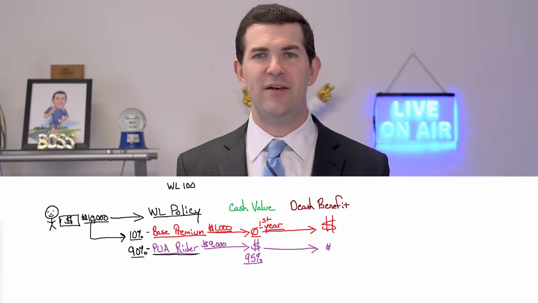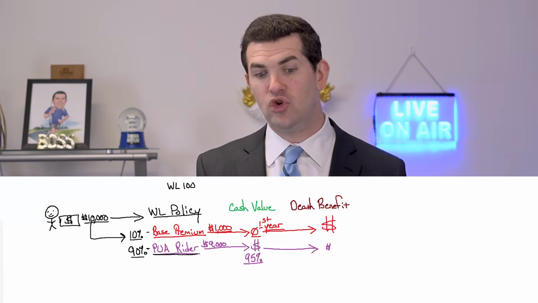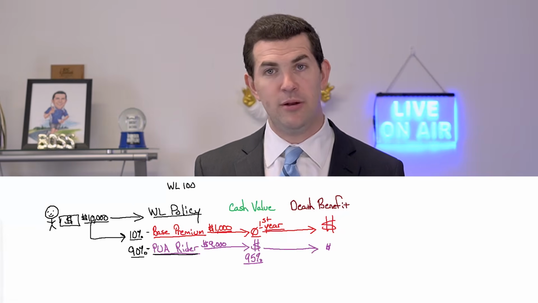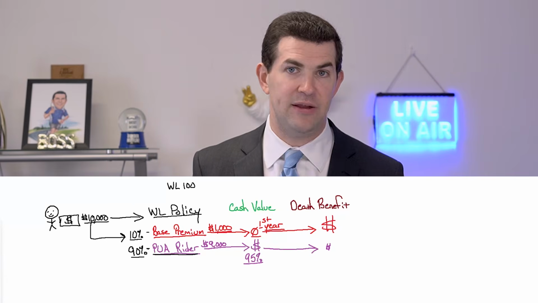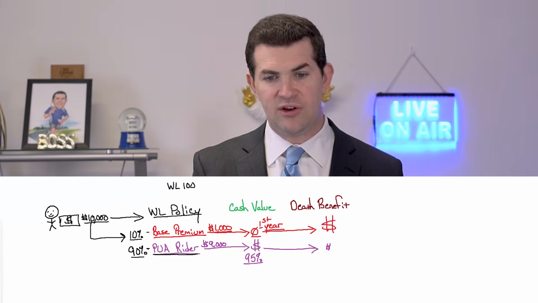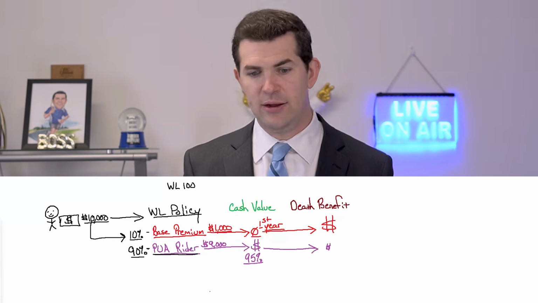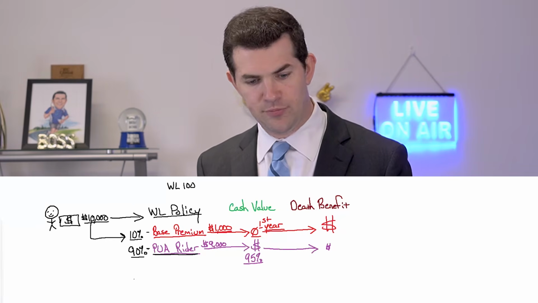Might be around $8,500 or so because it won't be 100% of my PUA payment, but I'll see the majority of that PUA payment immediately available in cash value. So this is an example of a policy where I am stretching it as much as possible.